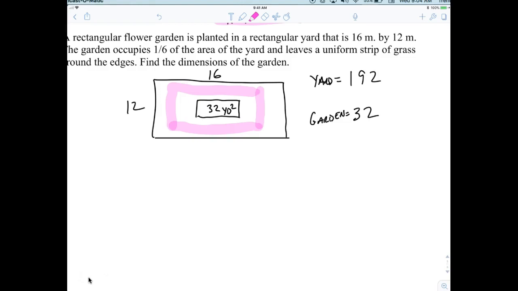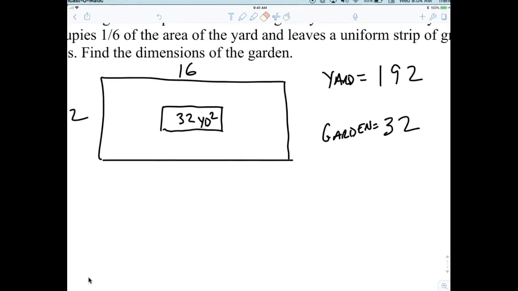Now, the reason why this was hard, I want you to pay attention. From here to here is x. Do you agree with that?